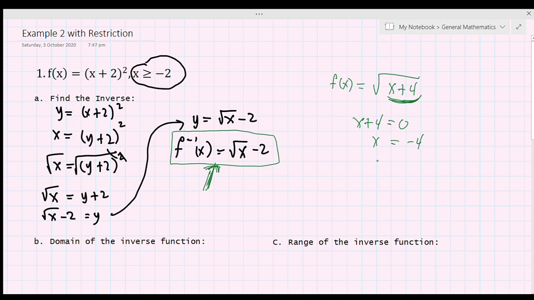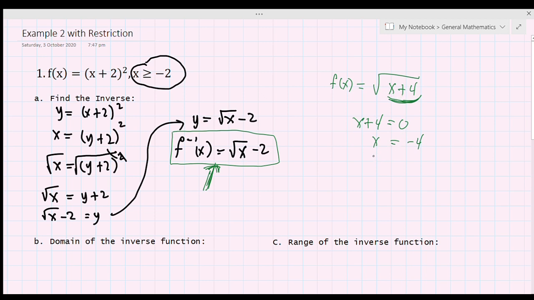So, meaning to say, we are going to select those numbers that are greater than or equal to this negative 4, because these are the numbers that will make these x values valid, para maiwasan natin yung irrational number or imaginary number.